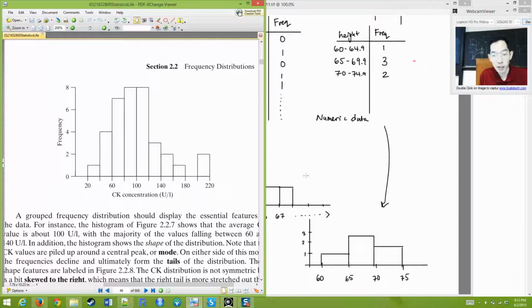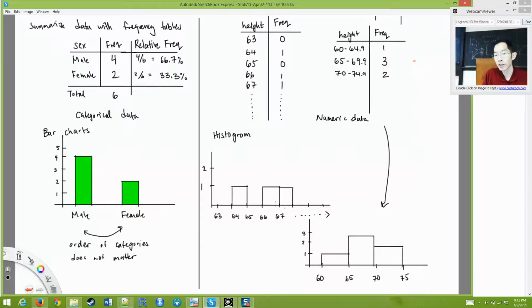With histograms, you do not have the option to rearrange columns. Especially with numeric data, you cannot change the order of these columns, because the order of the columns is tied to the number line.